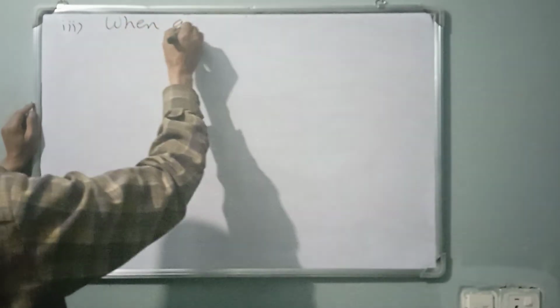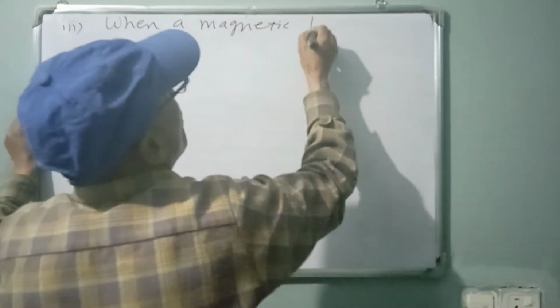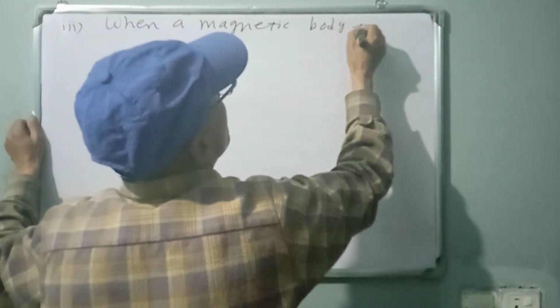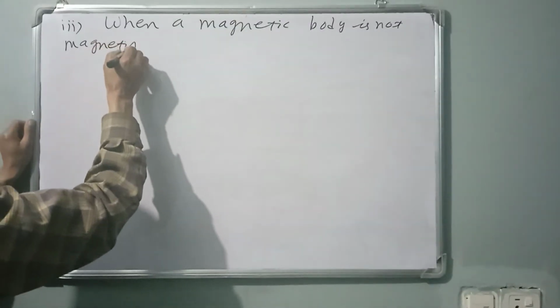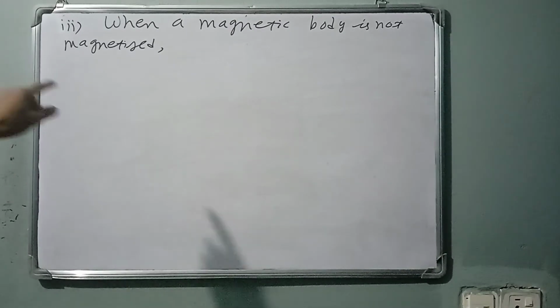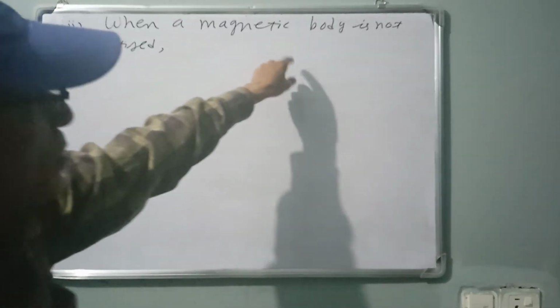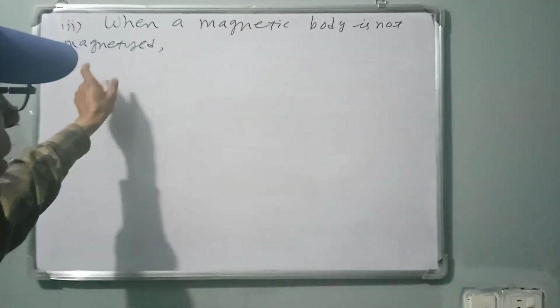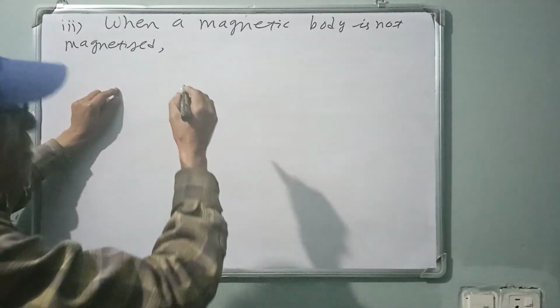When a magnetic body is not magnetized, means in the unmagnetized form, what happens when a magnetic body like iron, steel, nickel, cobalt, or alloys is not magnetized? What is there?